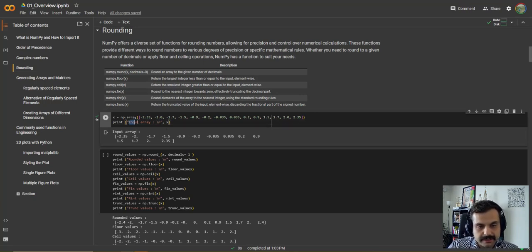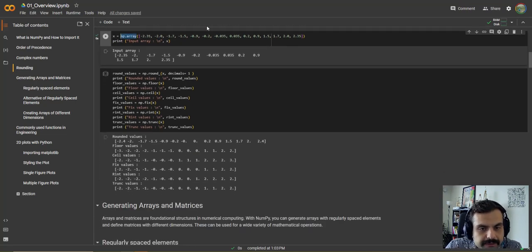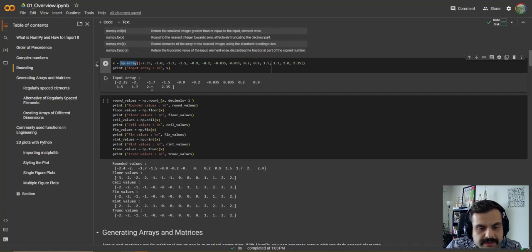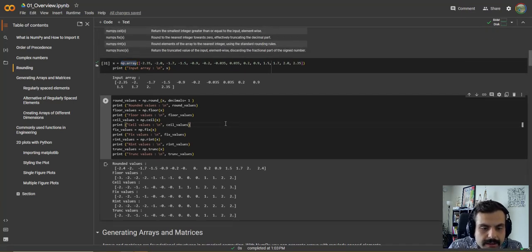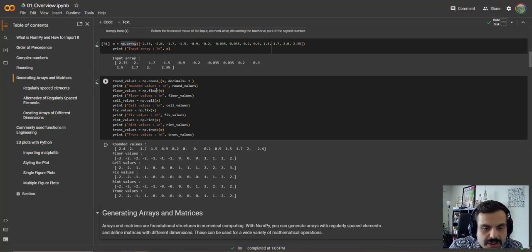But for this one, as you can see, it puts input array, and then the \n goes to a new line and prints 6. So this is the original array. I will explain this shortly, but if we accept that this value exists, we can see the function of each of those.